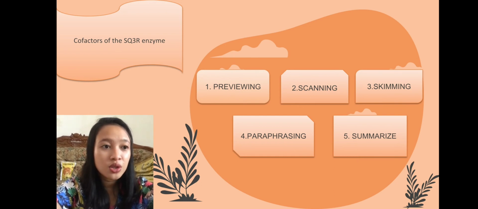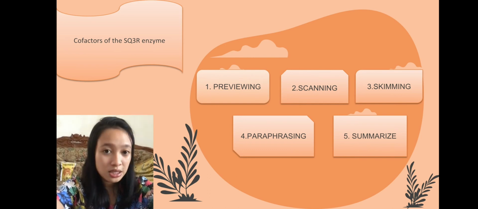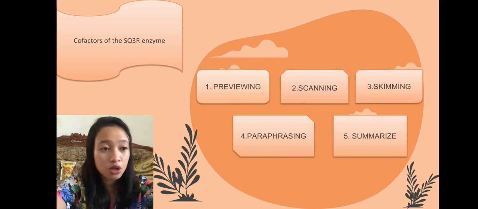Previewing helps you get an overview of the content and organization. Second is scanning. Scanning is searching for keywords or ideas by moving your eyes quickly down the page, seeking specific words and phrases. Third is skimming.